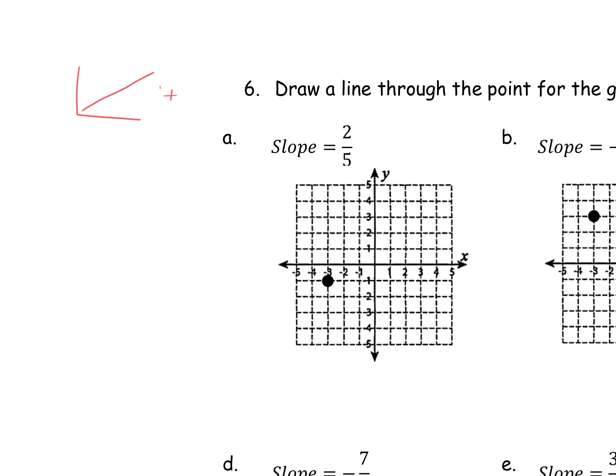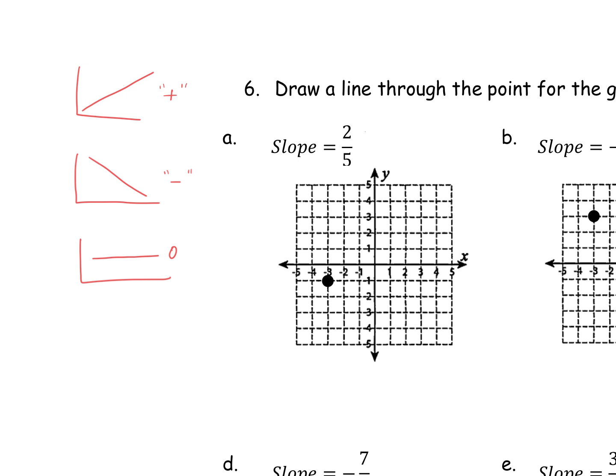So this is with a positive slope. If your line is going down, it's going to have a negative slope. And if you have just a flat line, that means your slope is going to be 0. We're not going to worry about undefined slopes at this point, because we're just reviewing grade 9 stuff. So since the slope is positive, that means we're going up.